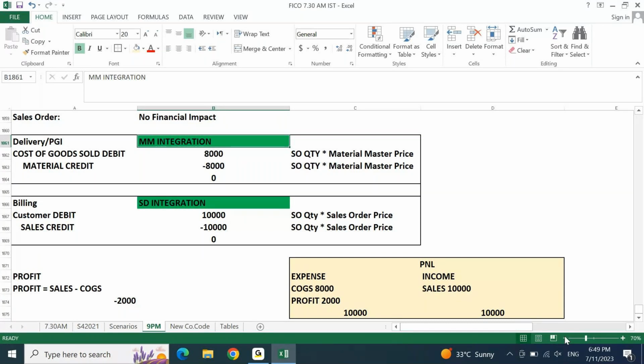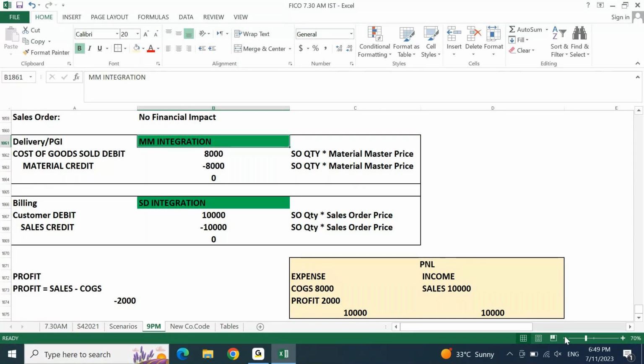Configuring this is a simple task. You will be making FI-MM integration in one transaction code, FI-SD integration in another transaction code. But why you are making this configuration, what is the business impact, how your accounting entries are coming, at least for a few scenarios, if you are able to understand, you can easily manage in your project.